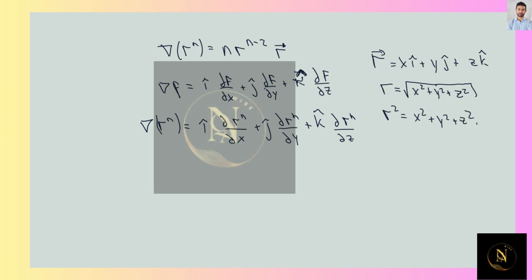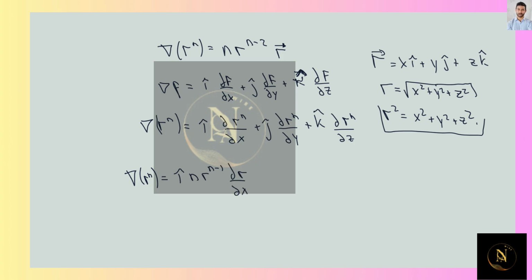Now, first of all, let's take the derivatives in our gradient of r to the n, and then we're going to use this relationship to find the partial derivatives of r with respect to x, y, and z respectively. So over here, we are going to find i times n times r to the n minus 1 times the partial derivative of r with respect to x.